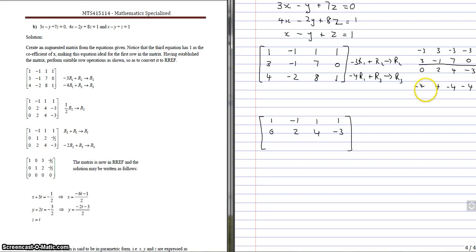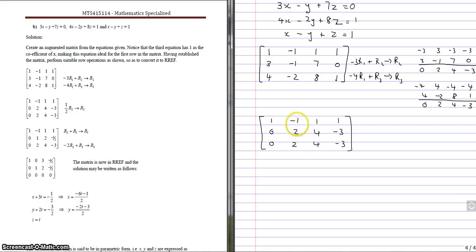That needs to be added to row 3, which is 4, negative 2, 8 and 1. And so adding those, we get 0, 2, 4 and negative 3. And this then is our new row 3: 0, 2, 4, negative 3. Okay, next step has been done.